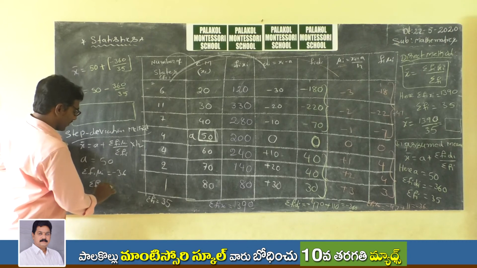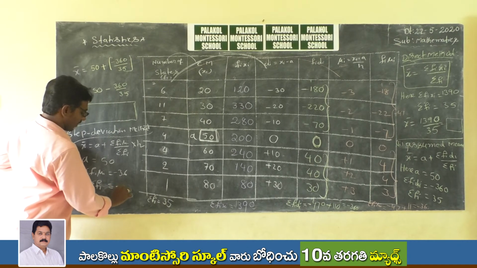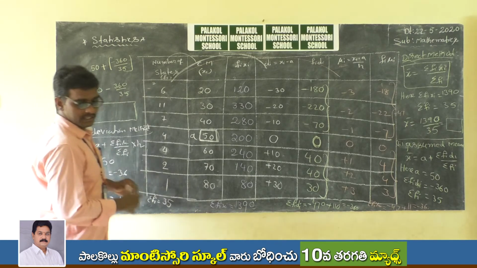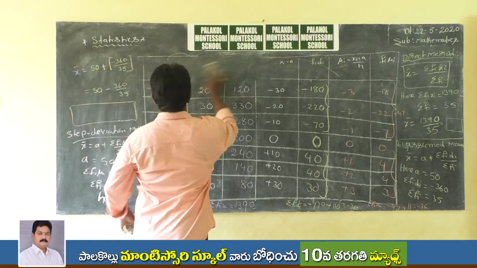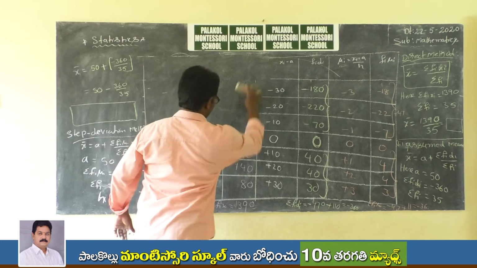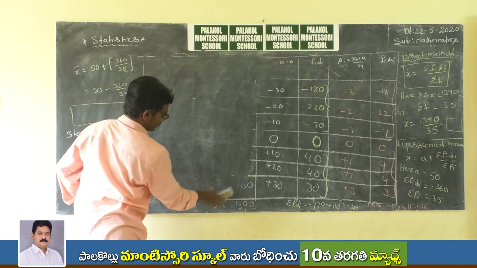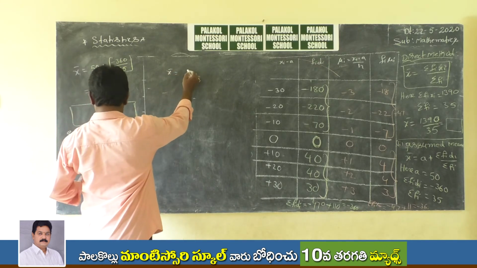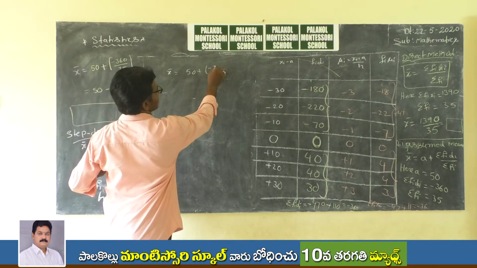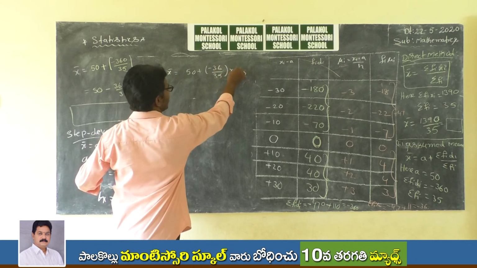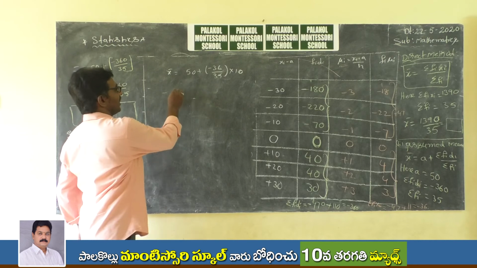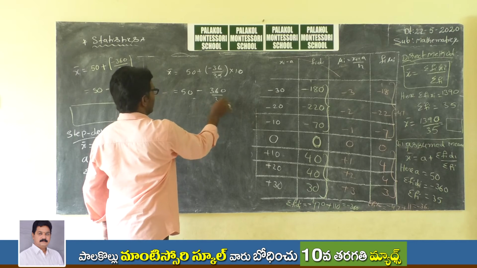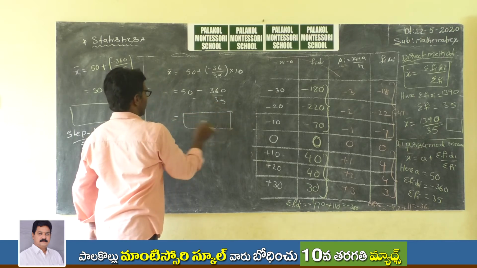Sigma f_i value is 35. h is 10. Substituting all these values, you get x bar is equal to 50 plus minus 36 by 35 into 10, that is 50 plus minus 360 by 35. You calculate and get the x bar.